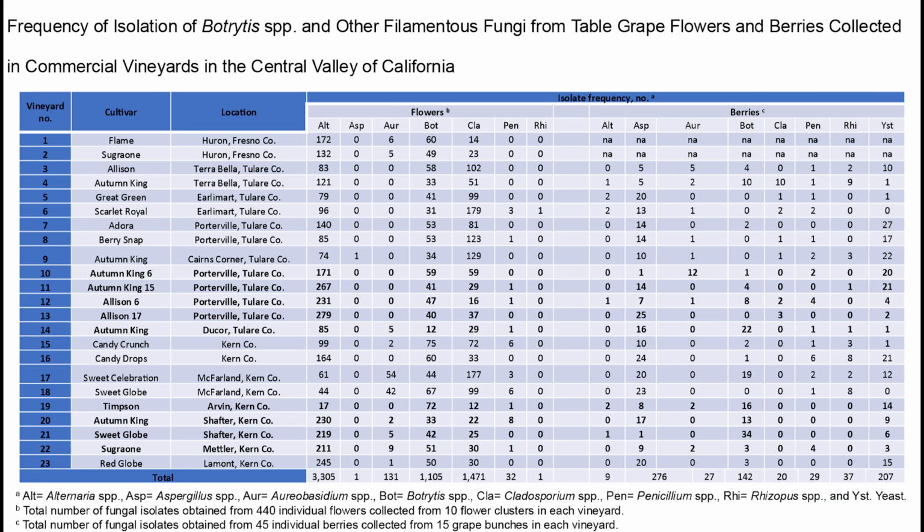When we looked into those flowers to see what kind of fungi they have, this is what we found: Alternaria, most of them, Aspergillus, but mostly Botrytis and Cladosporium. No Penicillium, no Rhizopus. They all come later on.